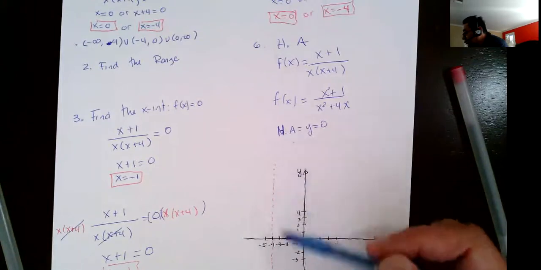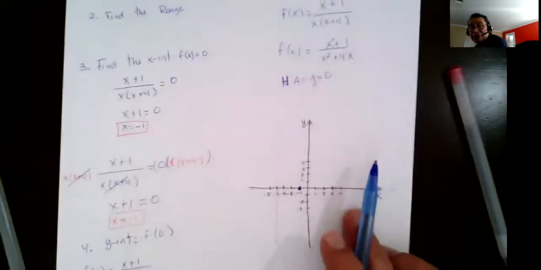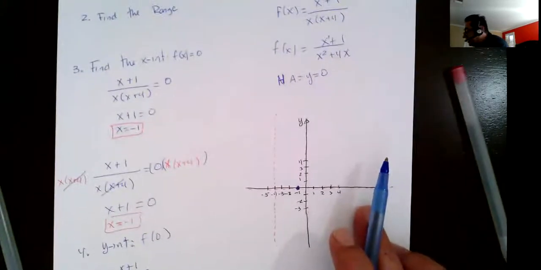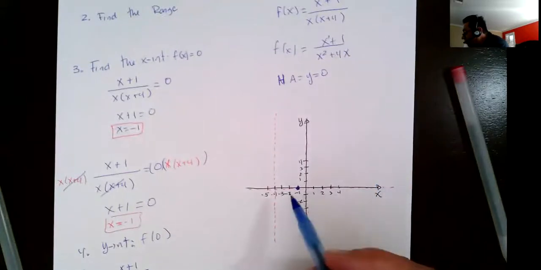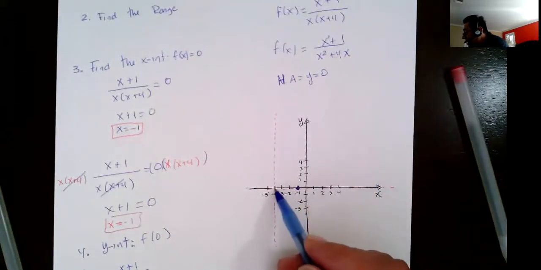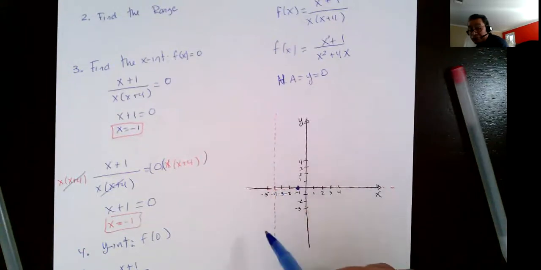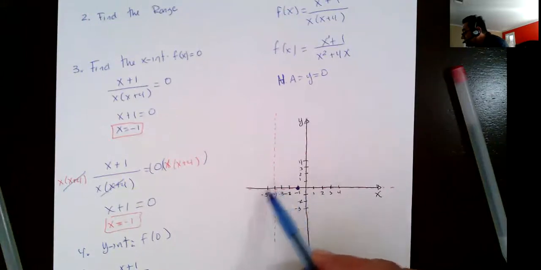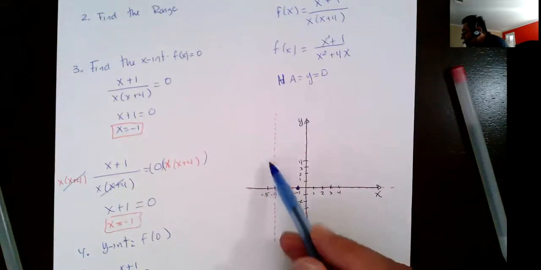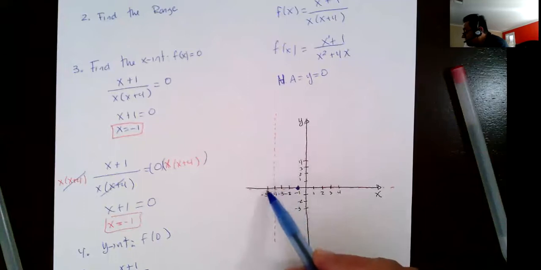Okay, so next we're going to find how this graph behaves on the vertical asymptotes. We're going to start at x equals -4 first, and we're going to see what happens to the left of -4 and to the right of -4. Let's start and see how this graph behaves to the left of -4.